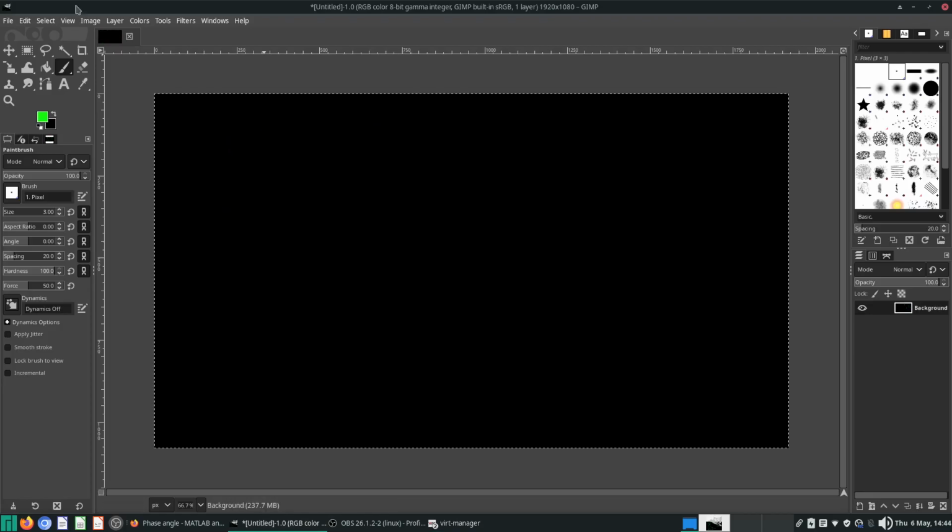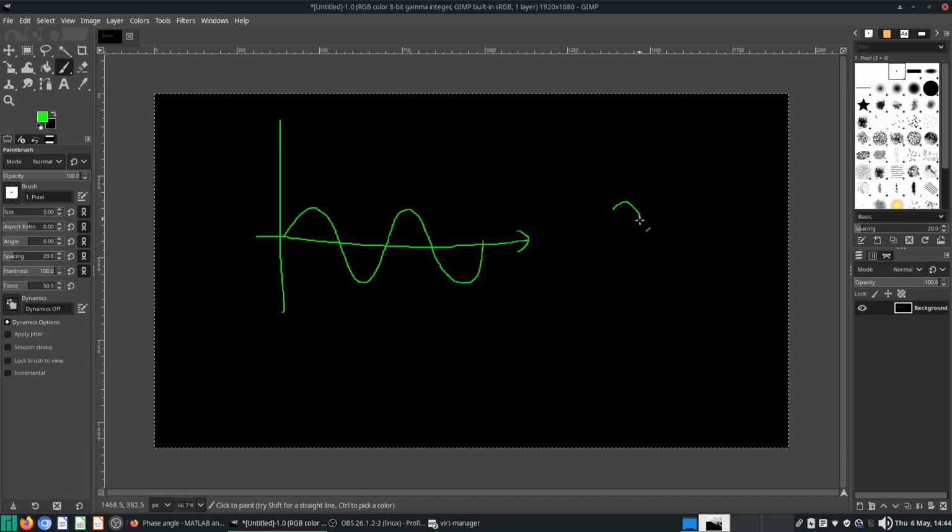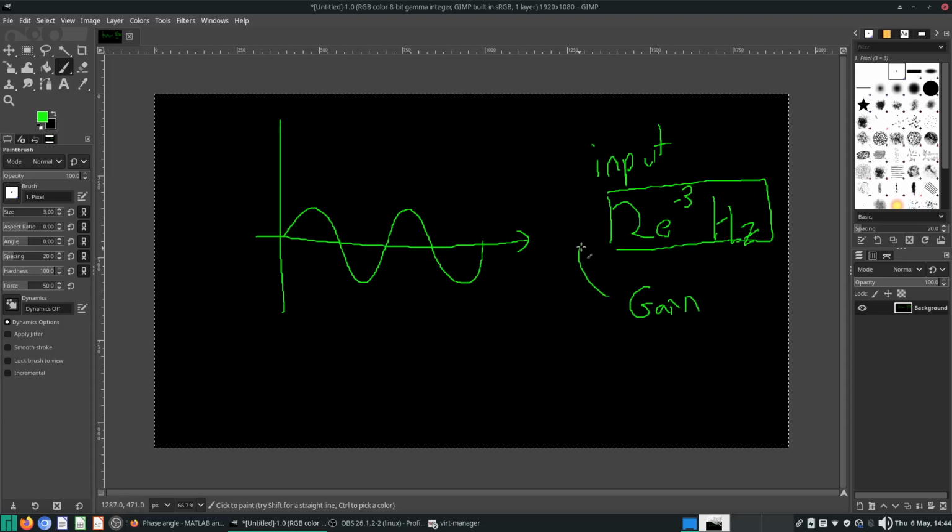For example, if my input frequency is 2 times 10 to the minus 3 hertz, I only want to zoom in on the input and output ratios at this frequency. I only want to find the gain and the phase angle at this frequency if I want to do this frequency response testing, because all the rest of it is just noise.